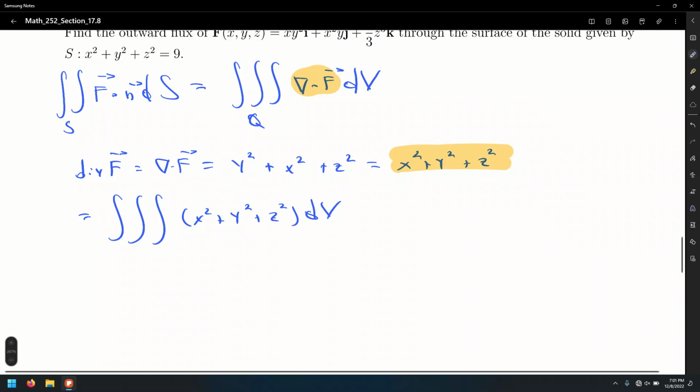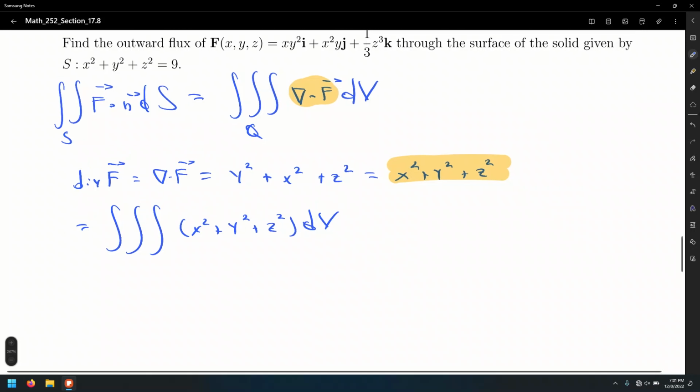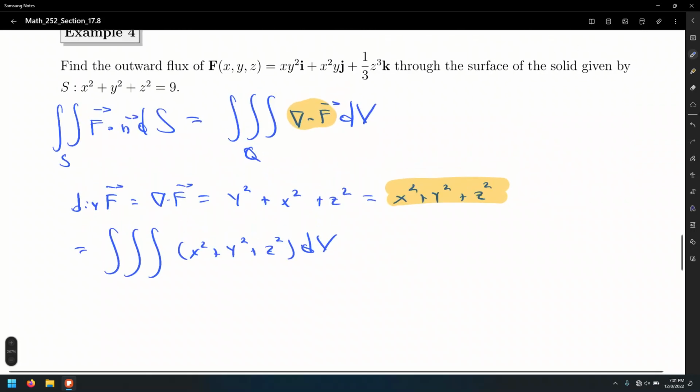And this is where we're going to iterate the triple integral. So we have a sphere, so how about we use spherical coordinates in this case?